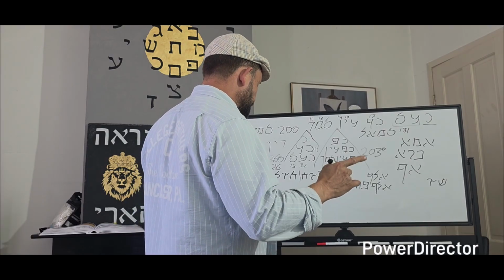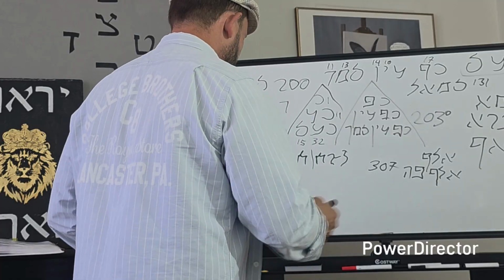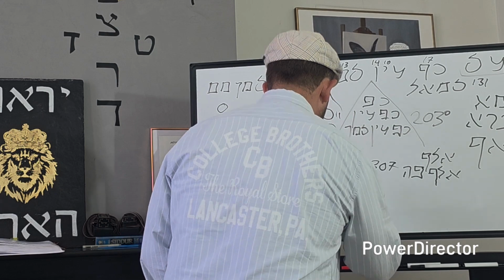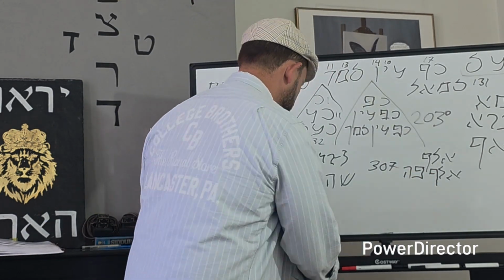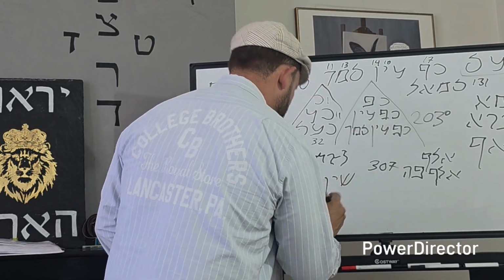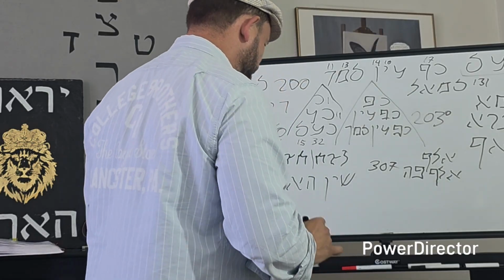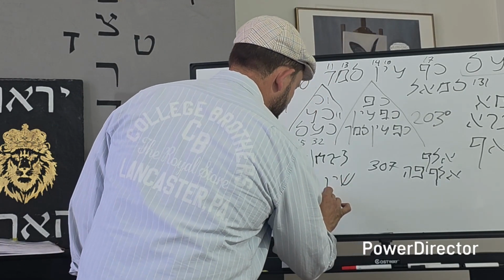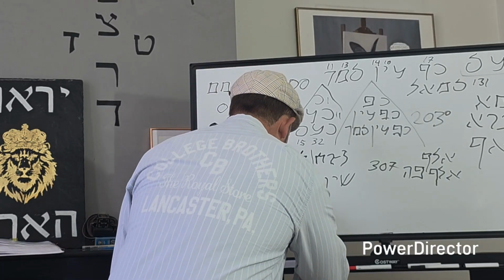Yes, okay, so if we take this Shin Hey, which we just found, right? Let us do Shin Hey. If we expand that, let's expand it immediately because we have not so much space. Shin Hey. Then we have a value of 300 plus 10 plus 50 is 360 plus 6, 366.